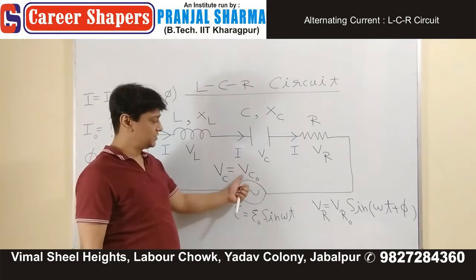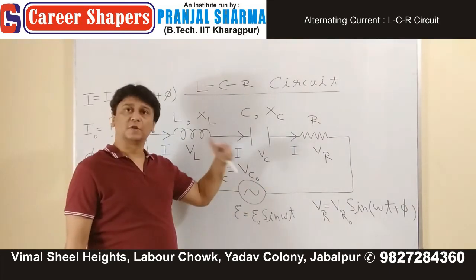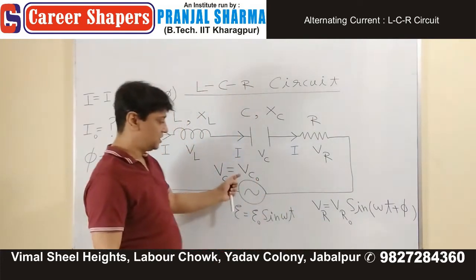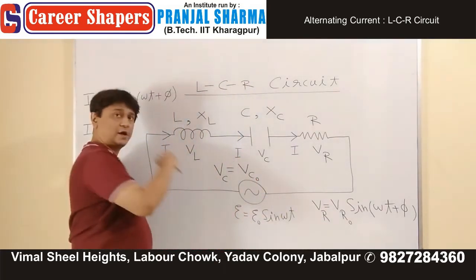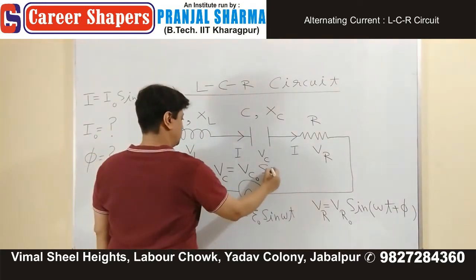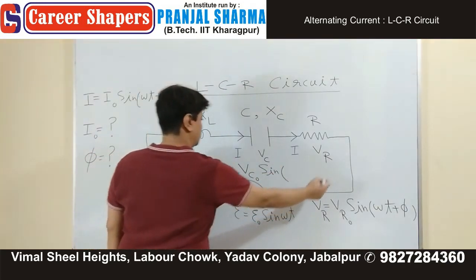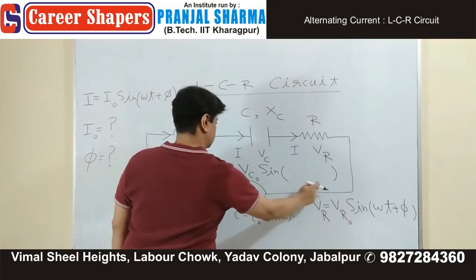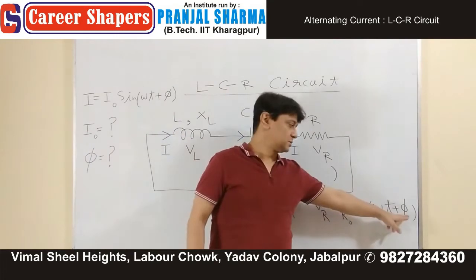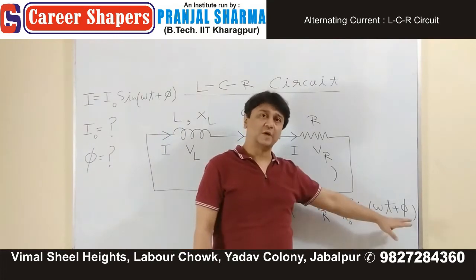Let's call it VC naught, naught for the max. Similar to VR naught, VC naught, E naught, I naught, and then sine of something. I have told you this and gave you the reasoning behind it.